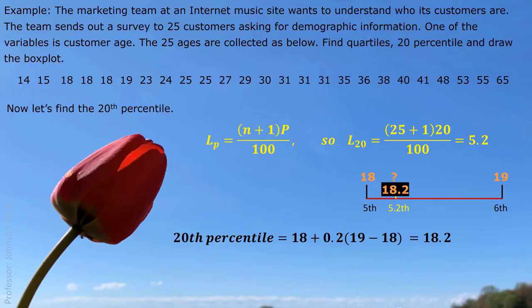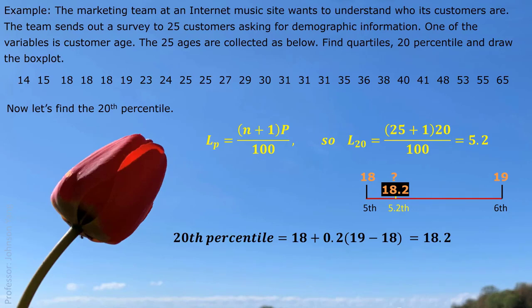Taking this chance, we can also see this is just a reasonable way to figure out the 20th percentile. Technically speaking, by the definition, the 20th percentile cuts the whole data collection into two groups. The left side is 20% of the data, and the right side is 80% of the data.